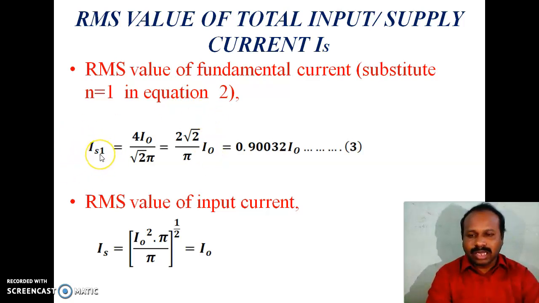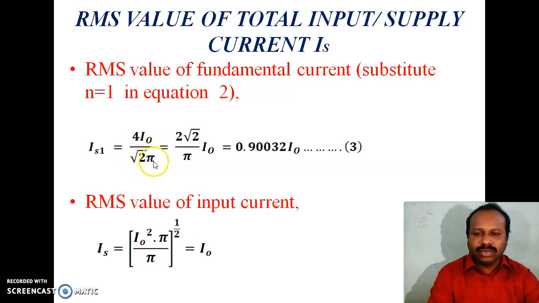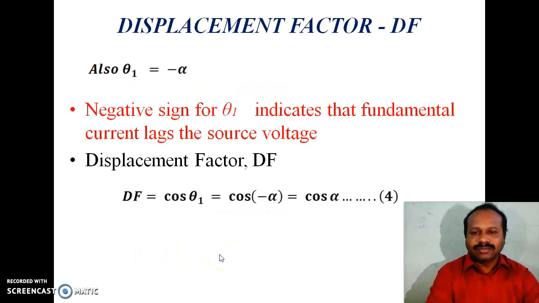So Is1 equal to 4 I naught by square root of 2 into pi, here n equal to 1. So it gives the value of 0.90032 I naught. Next, RMS value of input current Is equal to I naught.